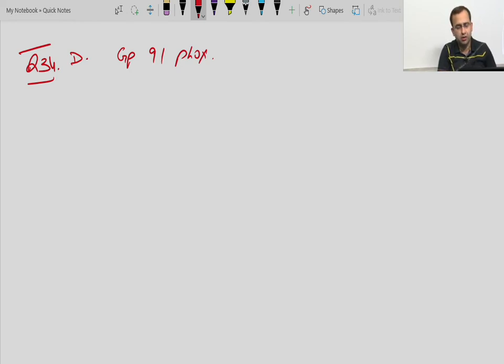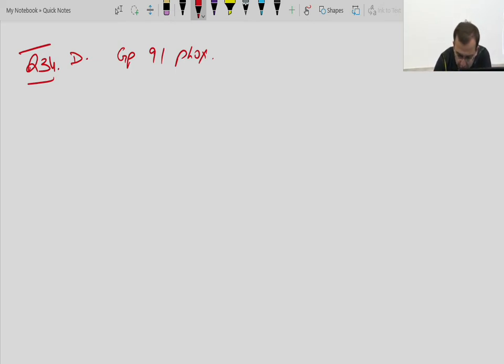Before we go further, let us first have a look at pathways of killing. We were done with the steps of inflammation: margination, rolling, adhesion, transmigration out of the vessel wall, chemotaxis, phagocytosis, and killing.